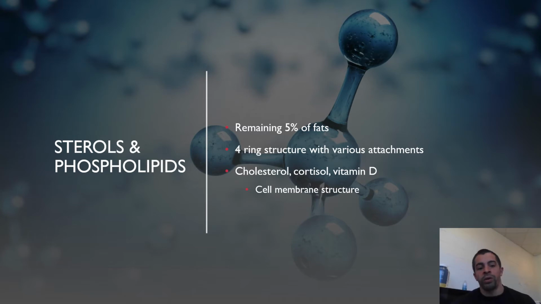So what are our sterols or phospholipids? We're talking about cholesterol, cortisol, vitamin D. All of these have very important functions, the most being providing structural support within the cell membrane. So it's very important that we maintain some inclusion of sterols and phospholipids within our dietary protocols.